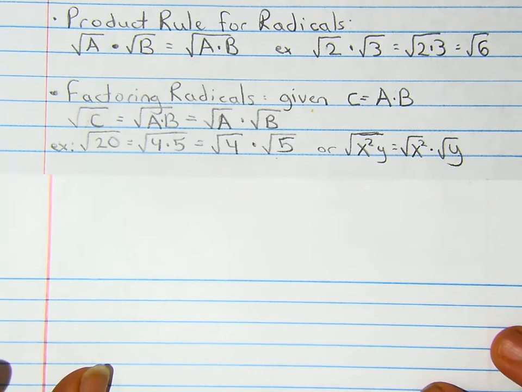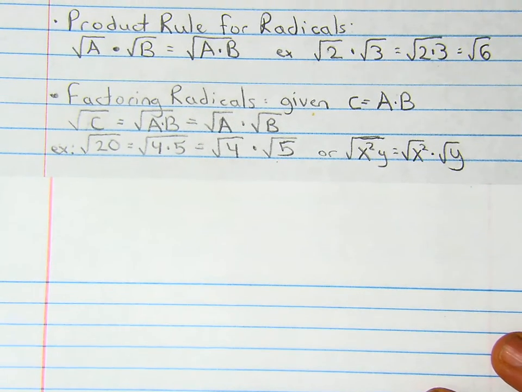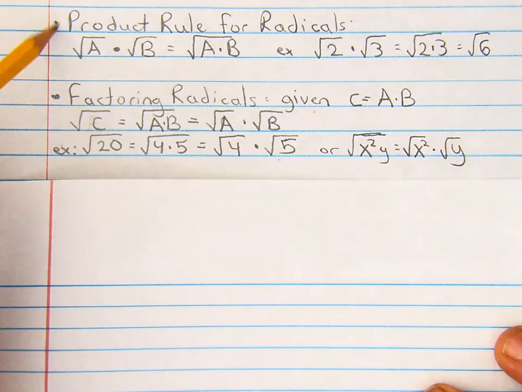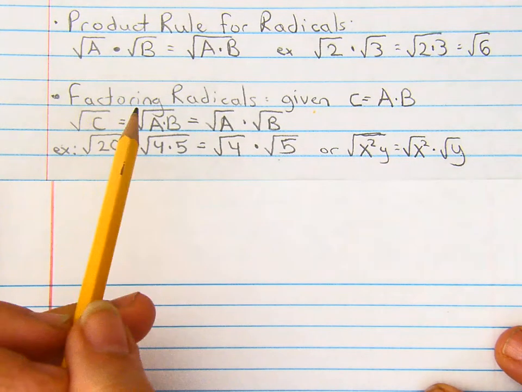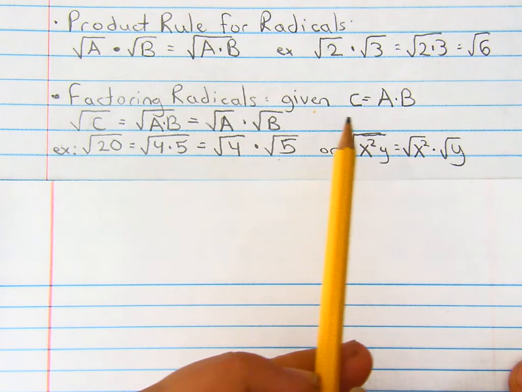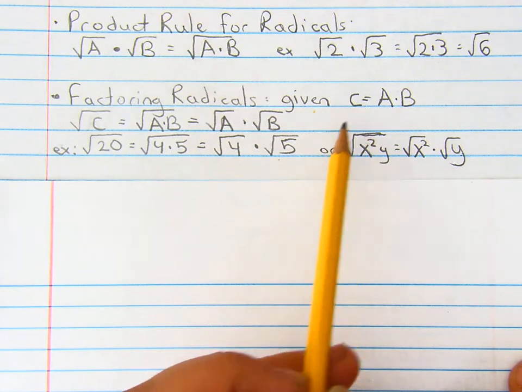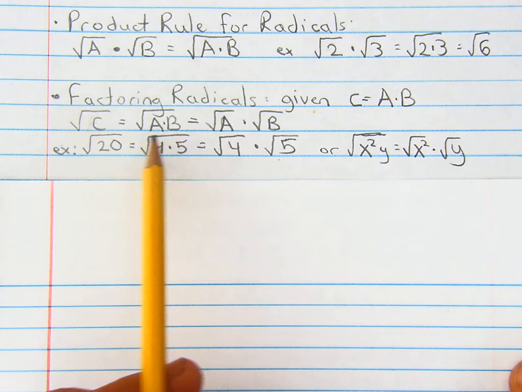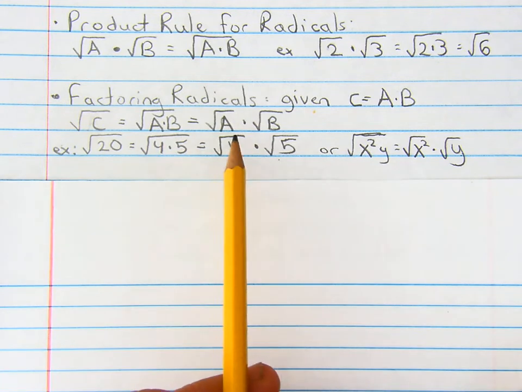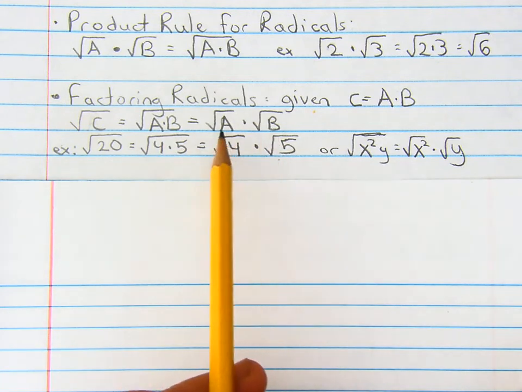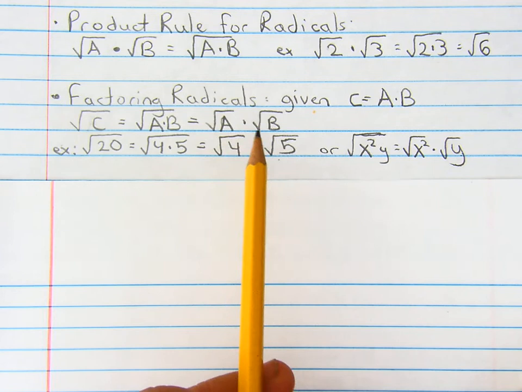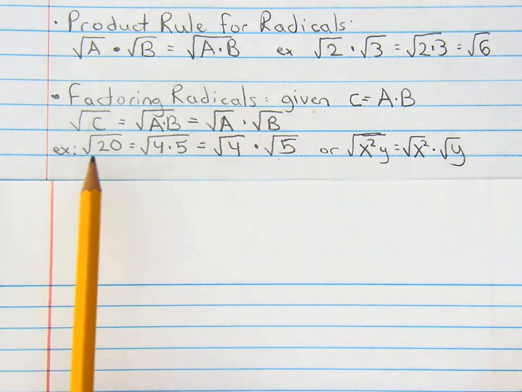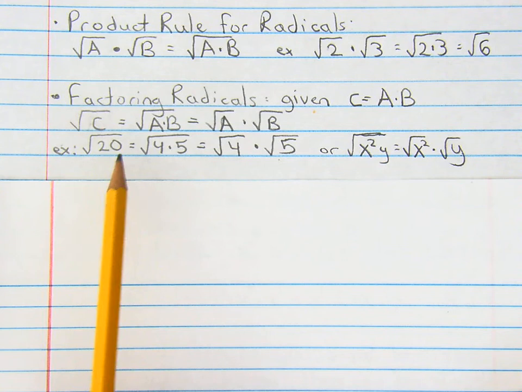Okay. So in addition, we have the factor rule, which is kind of the flip side. That's kind of the forward and backwards of math. That says if I am given a certain radical of a number, then I can actually break it down into its factors. And then from there, separate the factors and square root each one individually. So let's say I had, example would be square root 20.